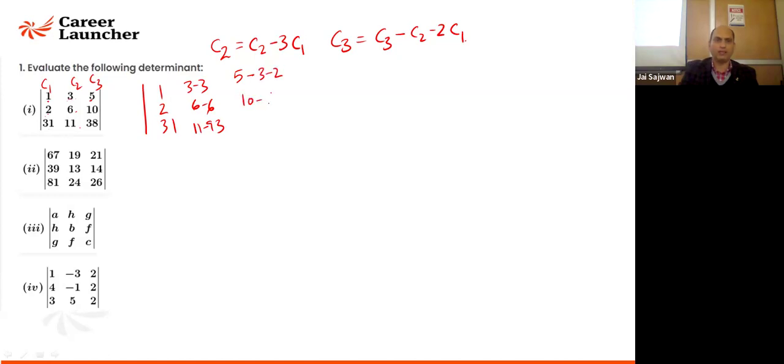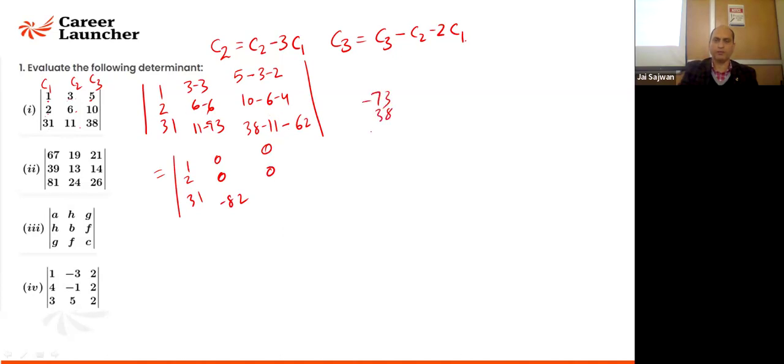And this is 10 minus 6 minus 4. This is 38 minus 11 minus 62. This is what I'm going to get. I'll say it is 1, 2, 31. This is, my dear, 0, 0, minus 82. This is 0, 0, minus 35. Solve them now.